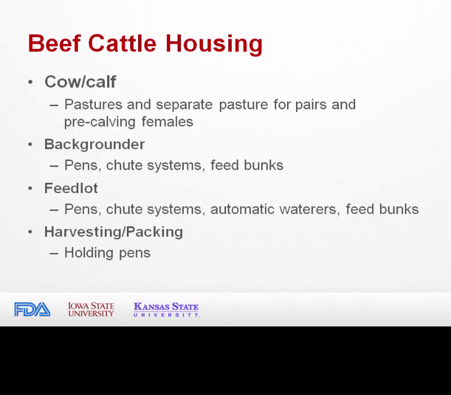These might consist of pens, chute systems, and feed bunks to get used to. Once they are moved to a feedlot, they will be housed in pens similar to a backgrounding facility with grouped pens, automatic waterers, and feed bunks. After that, animals are sent to a harvesting facility where they are held in pens until they are harvested.